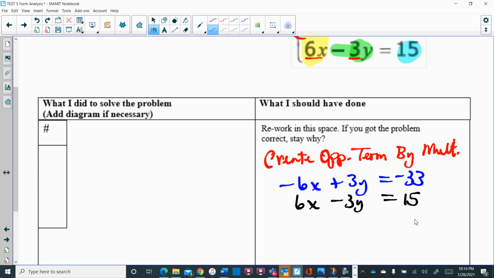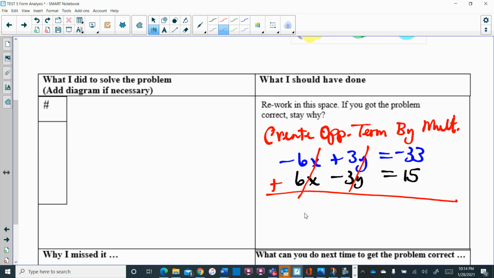Okay, so now you can add to eliminate the y's, but also the x's get eliminated. So that means you have 0 here, okay? 0 is going to equal negative 18. Okay, so this is a false statement. 0 cannot equal a negative 18. 0 can equal 0.